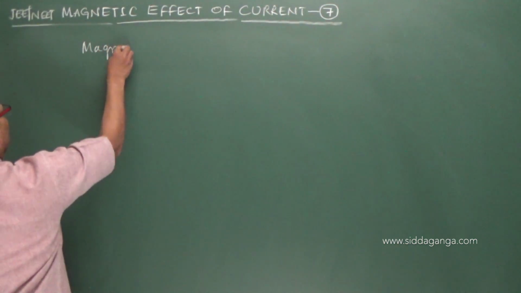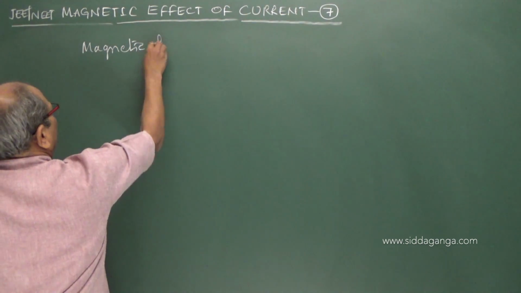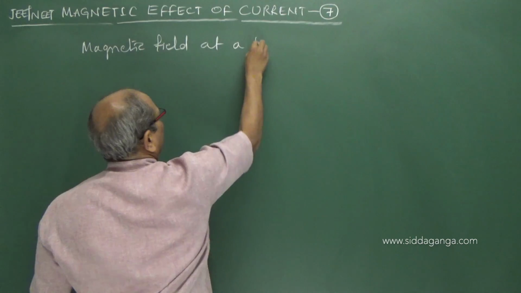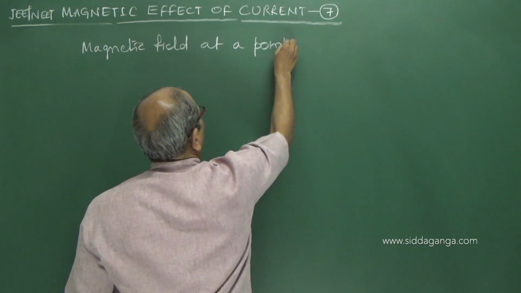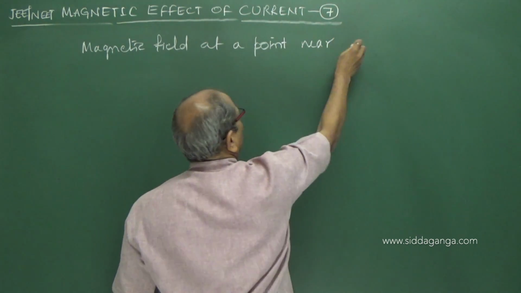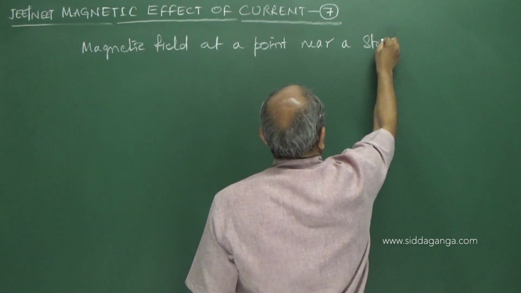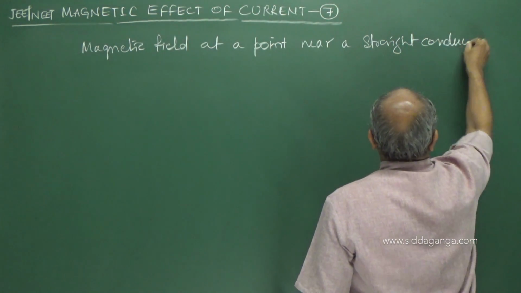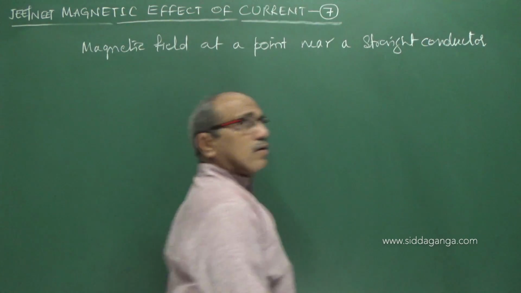Magnetic field at a point near a straight conductor carrying current.